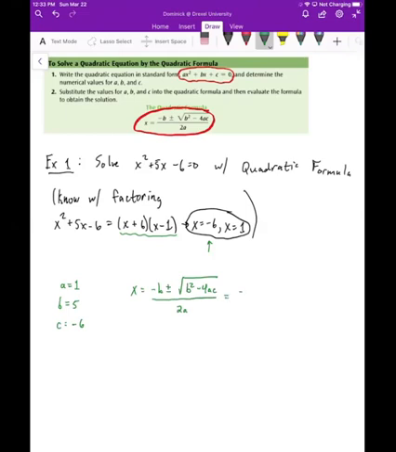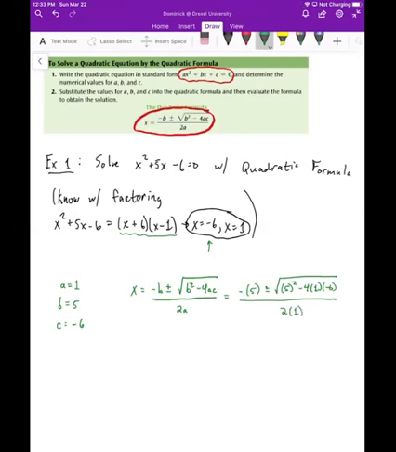So we have a negative b, which is 5, plus or minus the square root of b squared, so 5 squared, minus 4 times a, which is 1, times c, which is -6, all over 2 times a, which is 1.